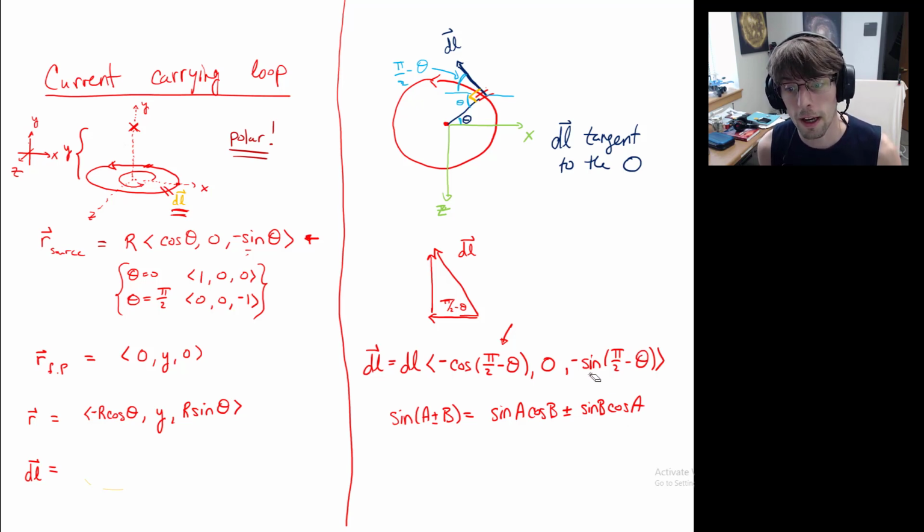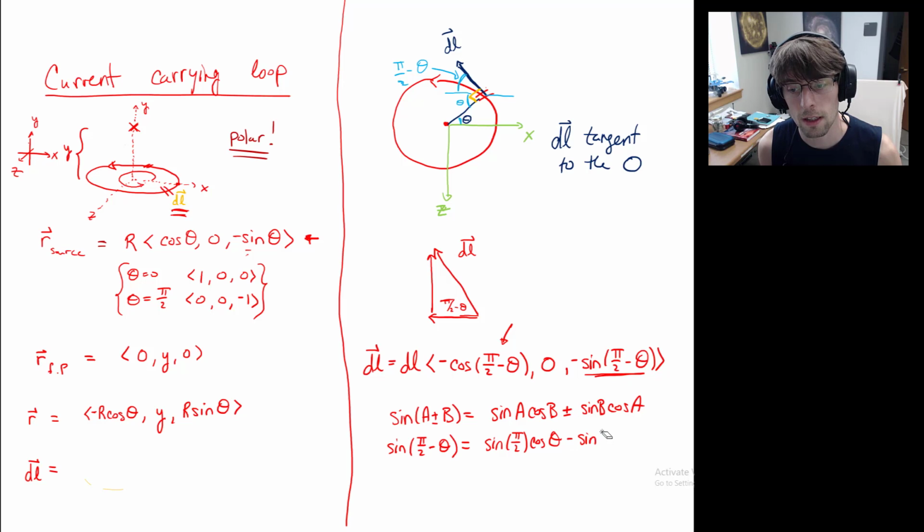So if I apply that to this term right here, that means the sine of pi over 2 minus theta is equal to the sine of pi over 2 cosine of theta. Then notice I have a minus sign, so I take the minus sign here.